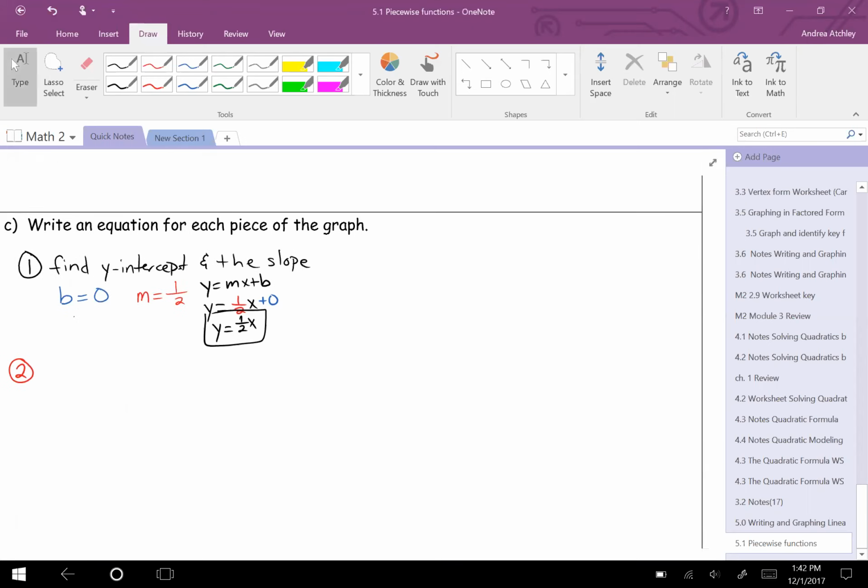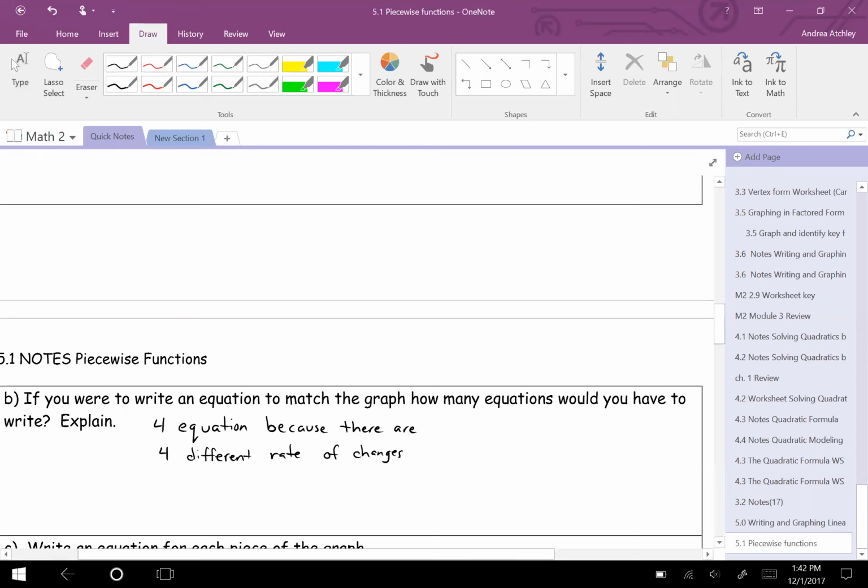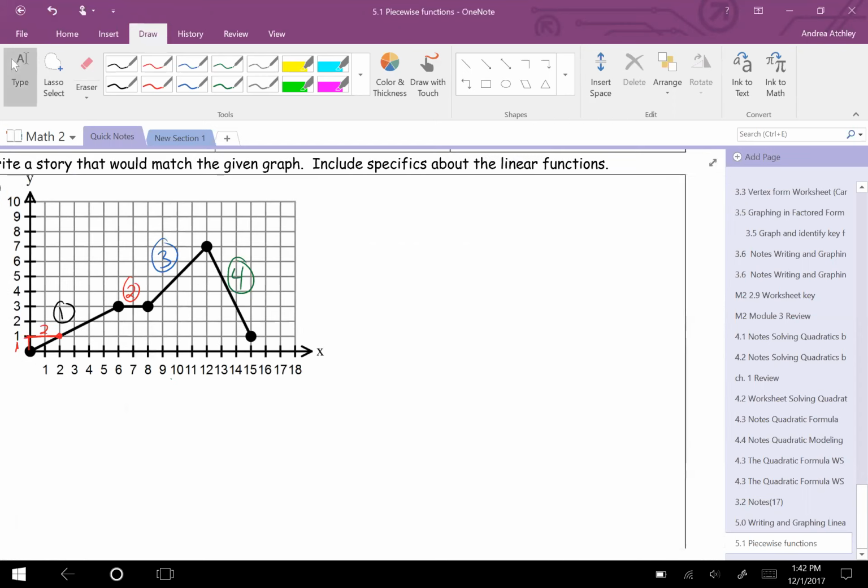We wrote the first equation for that first part. Now we're going to write the next equation. So here's our graph. We're going to deal with number 2, writing that equation.